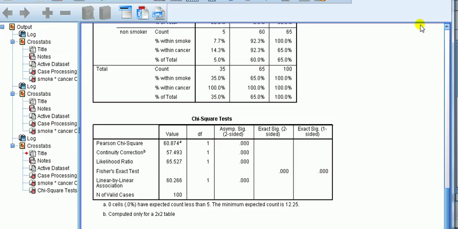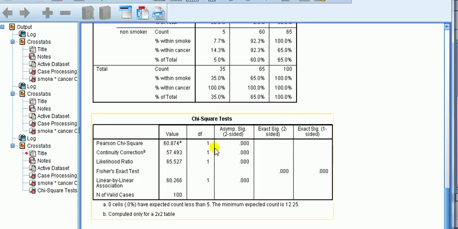So let's just look back at what we've done. Let's look at this chi-square. This chi-square test is to test whether there's an association between two qualitative variables, which may be nominal or ordinal, or a mix of ordinal and nominal. We run the chi-square test and we look at the Pearson's chi-square, and the null is there is no relationship between the two things.